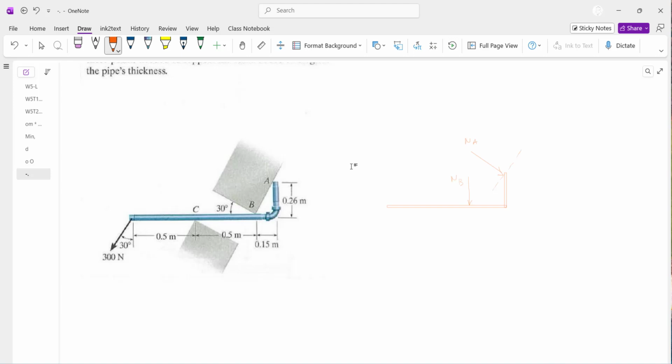And the only thing remaining is the external force, 300 Newton here. Now if the pipe weight was significant, you would have included it here, but there is no mention of the weight of the pipe, so it is not included in the free body diagram. So all we have to do now is assume a coordinate system.